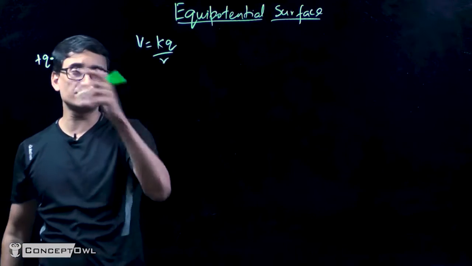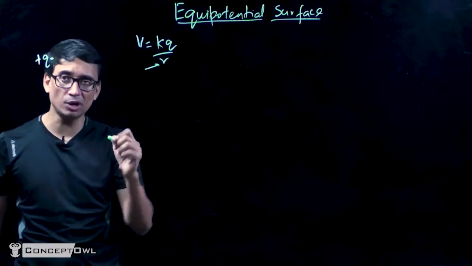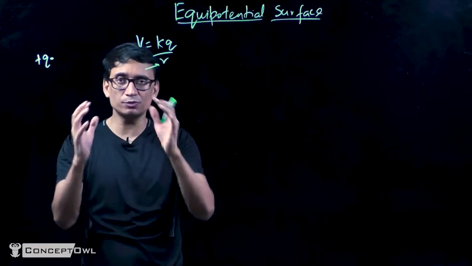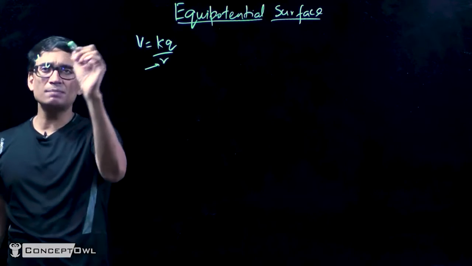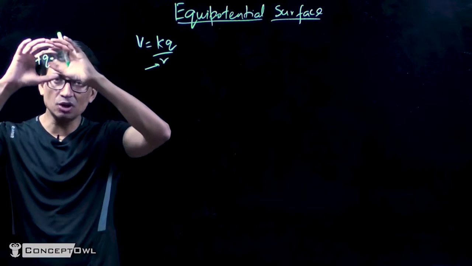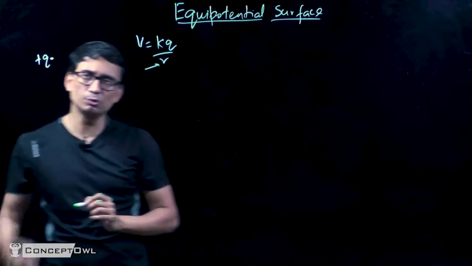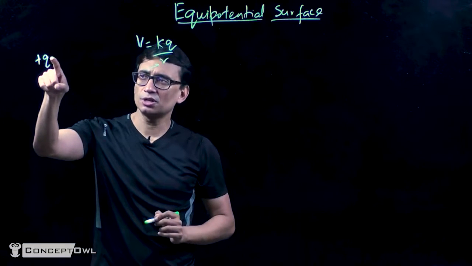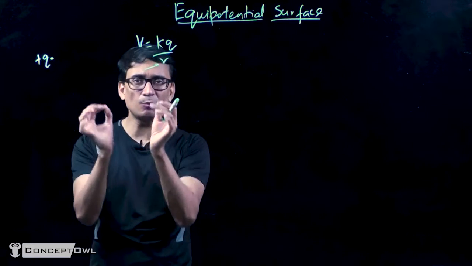Now K and Q are obviously the same. So if R is the same for different points, then all those points would have the same electric potential. Same R means that if I take a sphere whose center is where plus Q is, then on that sphere all the points have the same distance.